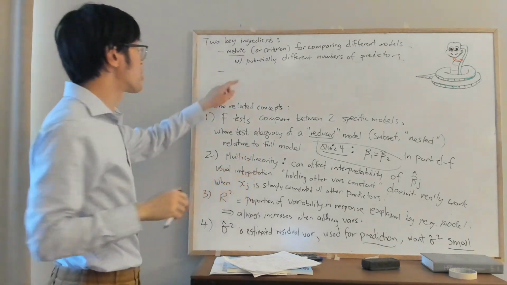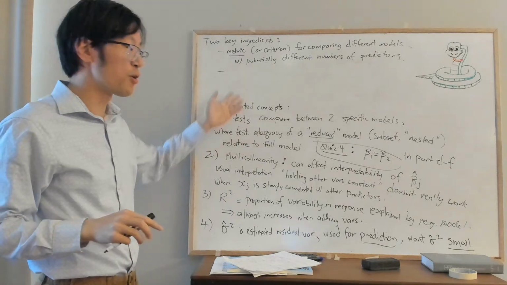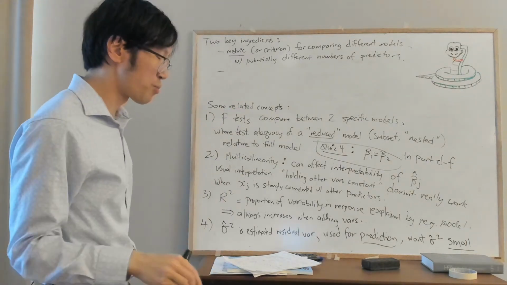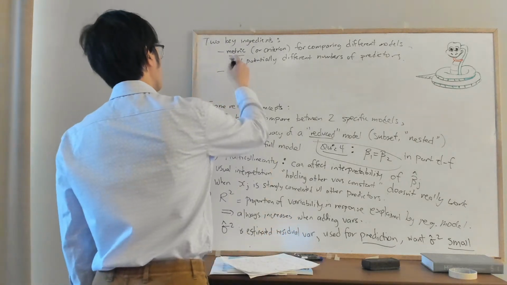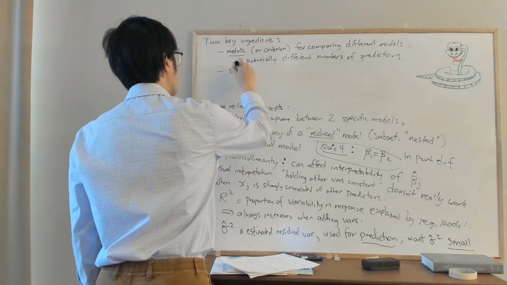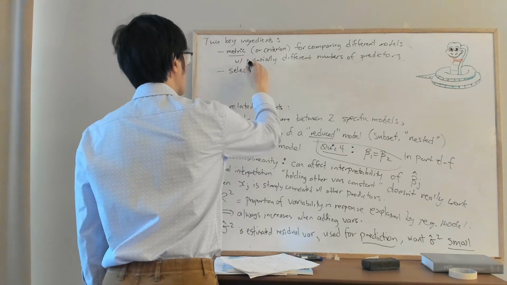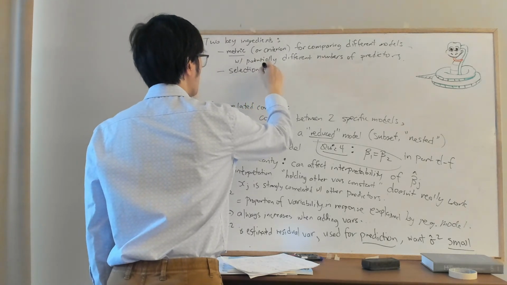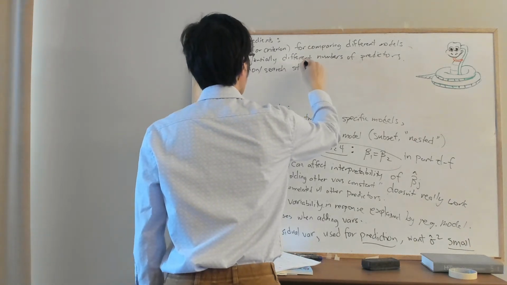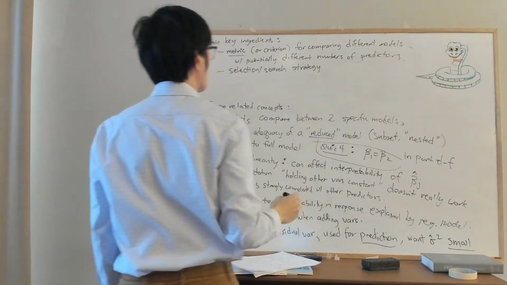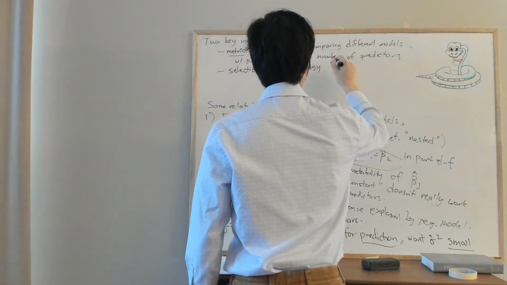And as we'll see, especially when we have many variables, say dozens or hundreds of potential predictors, we need some sort of a selection strategy or a search strategy. Which models should we fit and test?